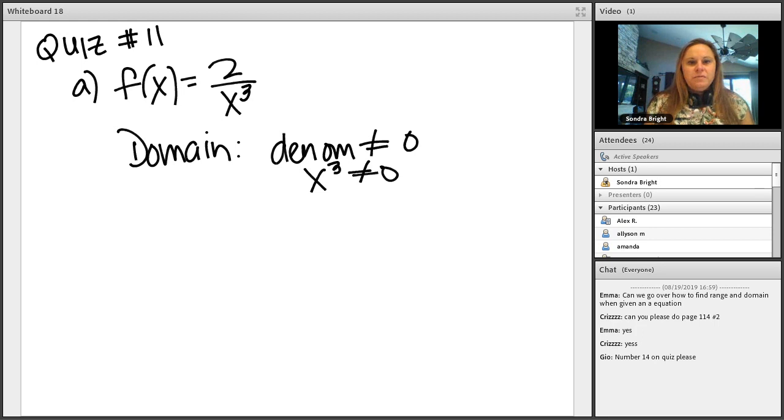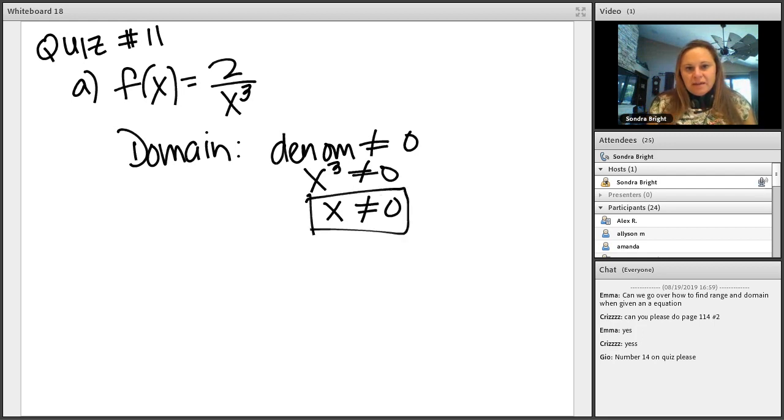Taking the cube root of both sides, you're going to get x can't equal 0. Hang on 1 second. Okay, so that's your domain.